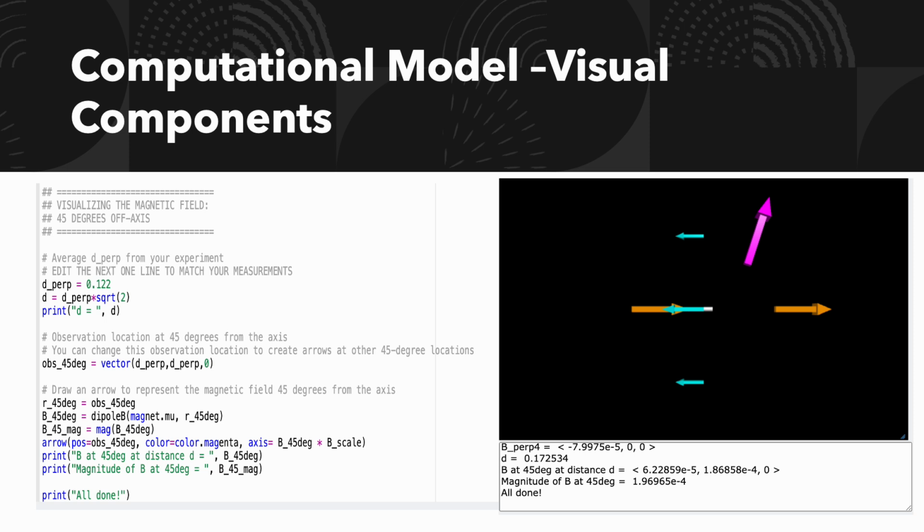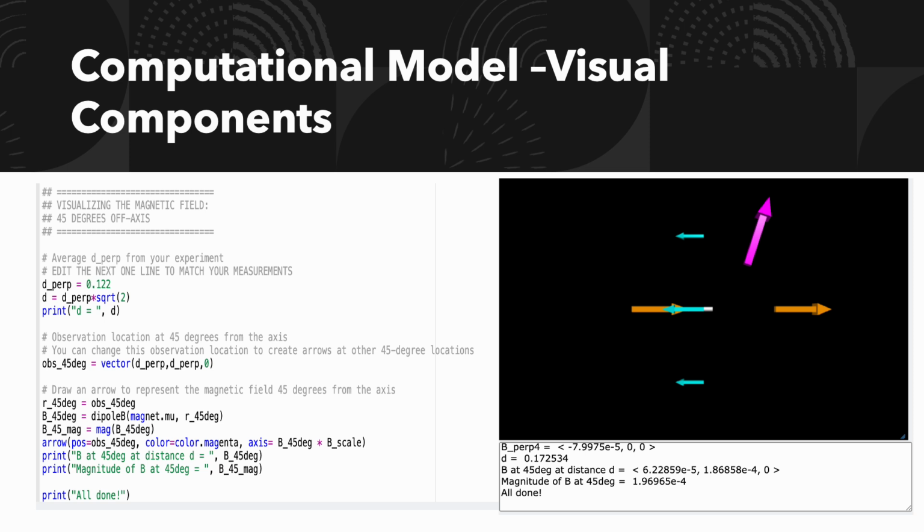This part of the code is for the visual components. I specified the magnitude and direction of 2 on-axis arrows, which is in orange, 3 off-axis arrows, which is in blue, and 1 arrow which is 45 degrees to the axis, which is in pink.